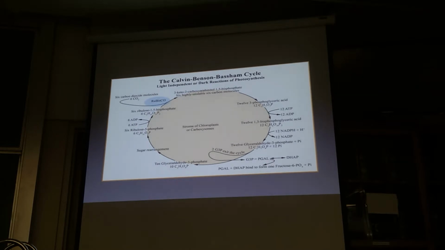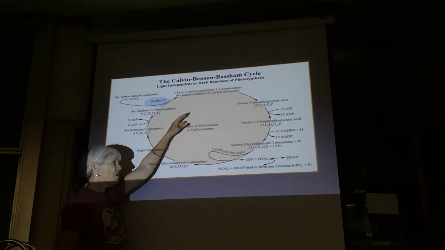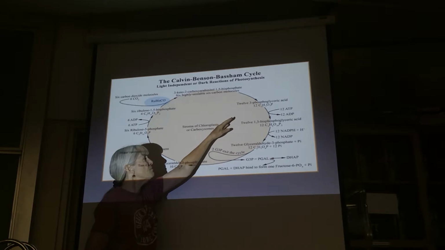I'm not going to ask you to diagram this pathway. Just think of it as a cycle. You're pulling CO2 in at the top, and you're pulling out organic compounds down at the bottom. If you follow this around, you pull in 6 CO2, you make 6 6-carbon compounds, which is 12 3-carbon compounds.